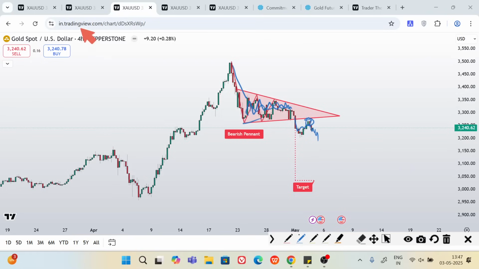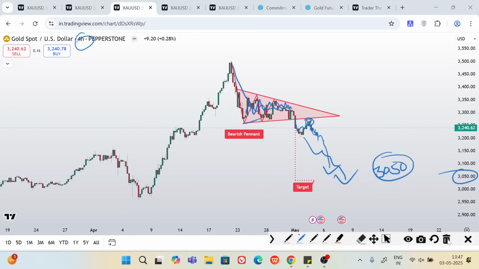So as per the 4-hour time frame or intraday time frame, it is also showing weakness, and the target will be around this area, 3050. Yes, lower time frame is also showing that we can expect the down move.